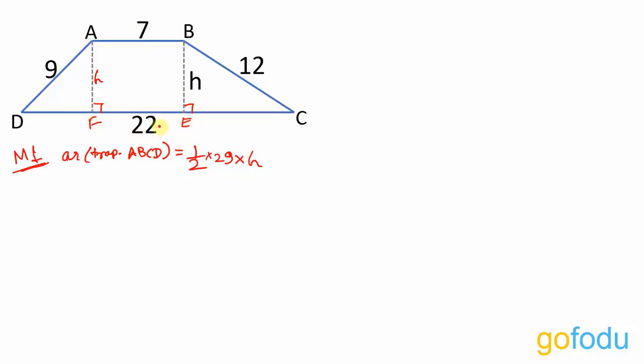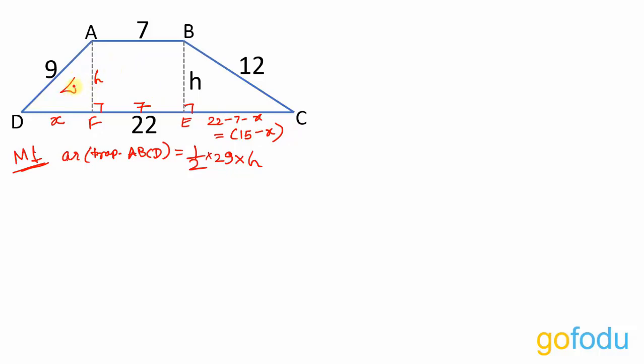is a rectangle and EF will also be equal to 7 because AB is 7. If DF is x, then EC will be 22 minus 7 minus x because this whole DC is 22. So EC will be 22 minus 7 minus x, or we can write it as 15 minus x.